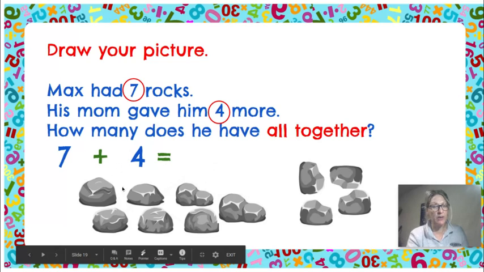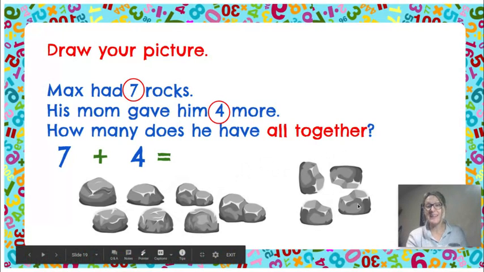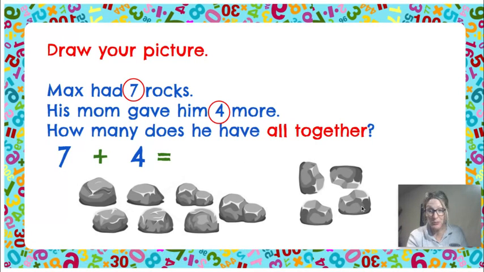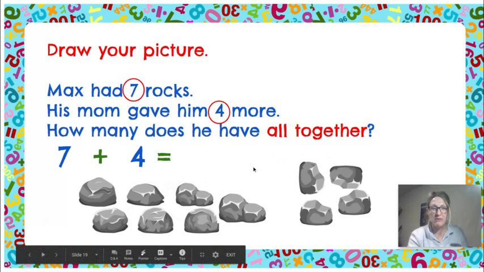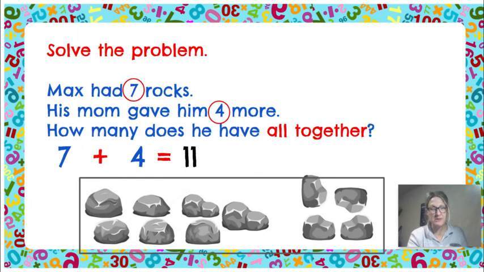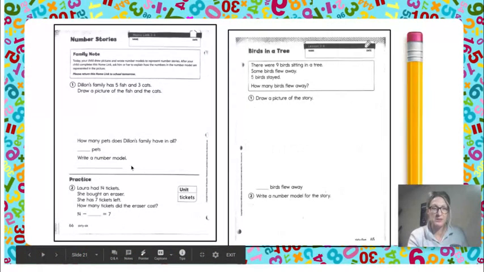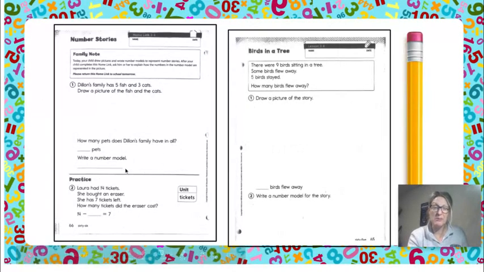That's what we started with. 8, 9, 10, 11. We got 4 more over here. When I put all of them together, I count 11. So 7 plus 4 equals 11 rocks. Okay, so here's your turn to practice these number stories, and you might even remember doing these a couple weeks ago.